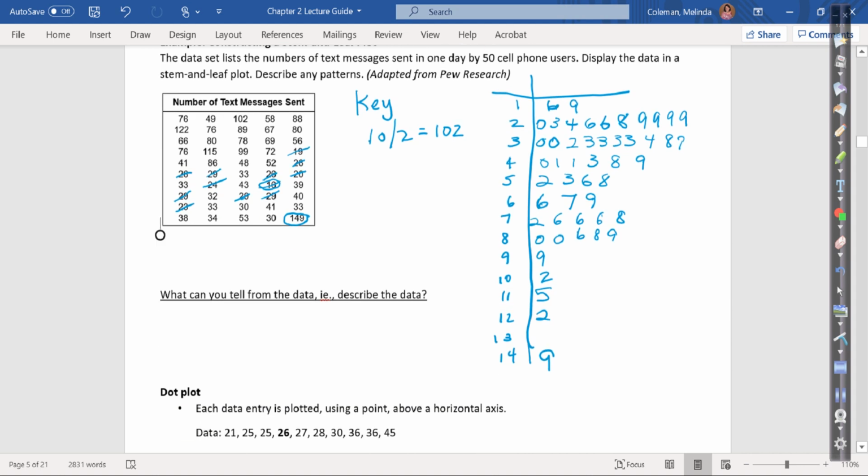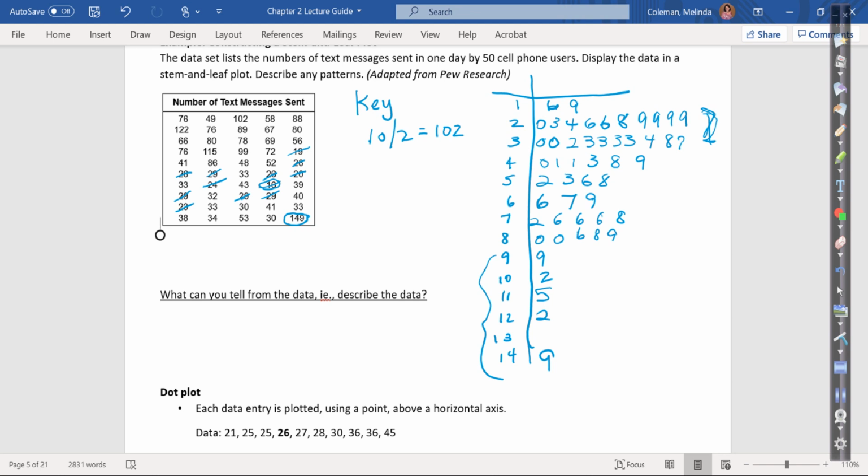So what can you do? How can you describe this data? What can you tell from this data? In looking at it, these two groups are the largest two. Of course, these numbers here are the smallest, or have the least number of data points. They're not the smallest numbers, but have the least amount of data.